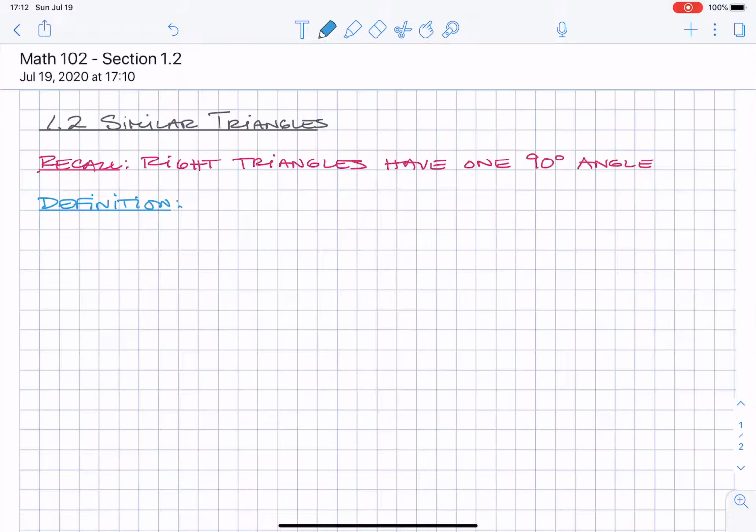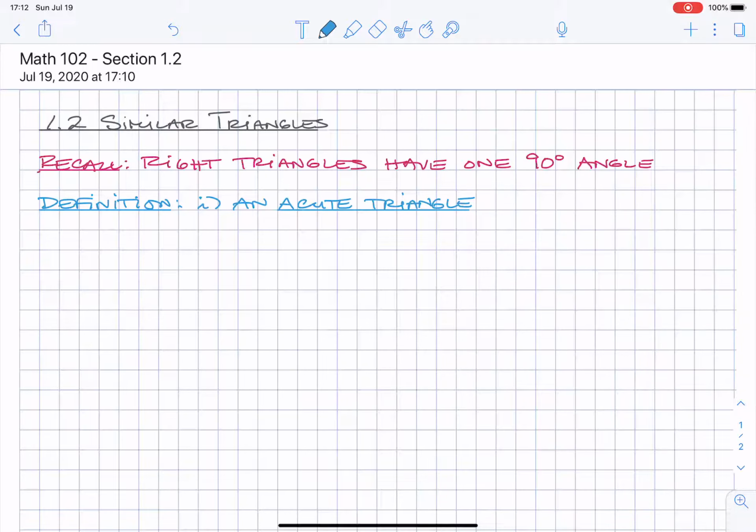So, number one, we have two definitions here. An acute triangle. Remember, acute was acute angle, right? So, an acute triangle would have an acute angle, or all angles, less than 90, because acute means small.